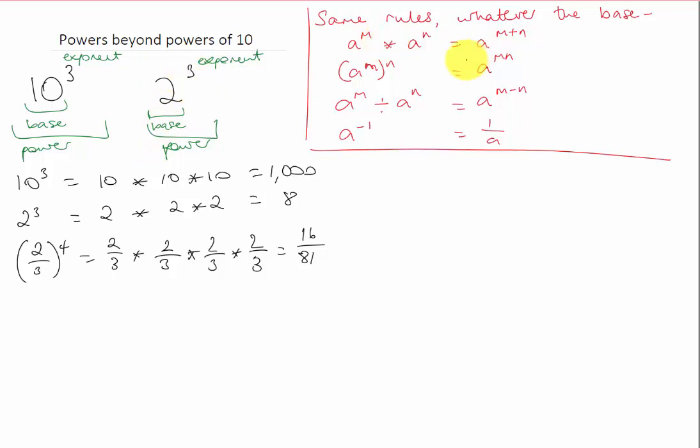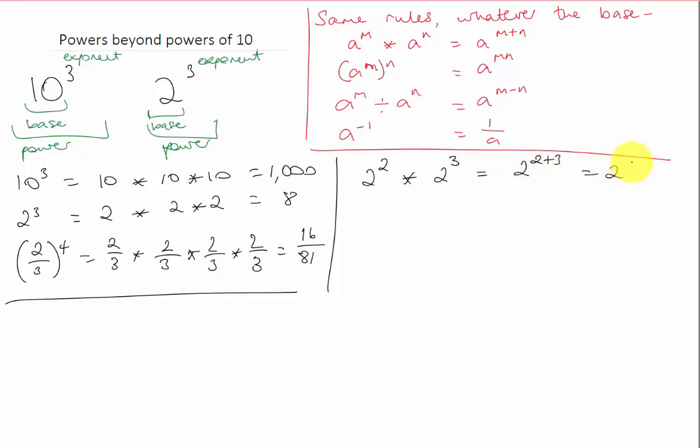Alright, so let's just work through these rules quickly. So with some actual numbers, we've got a to the power m times a to the power n. That's the same as saying a to the power m plus n. So for example, if we have 2 to the power 2 times 2 to the power 3, then that's the same as saying 2 to the power 2 plus 3, which is 2 to the power 5.